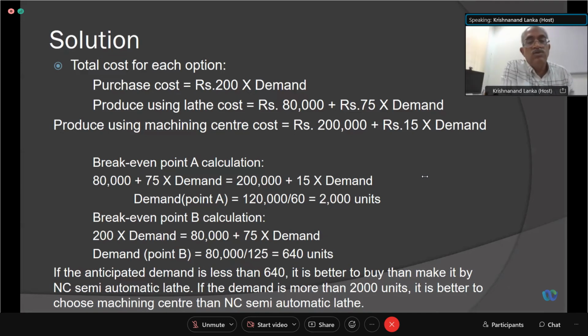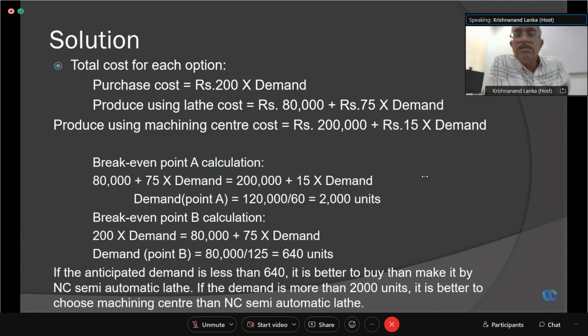So the total cost of production using the NC semi-automatic lathe is 80,000 plus 75 into the anticipated demand, which is equal to 2 lakhs plus the machining center's variable cost times demand. This is of the form M1X or M2X plus C. So we are trying to find out the best option: what is the break-even point where it doesn't make a difference between choosing the NC semi-automatic lathe or the machining center.